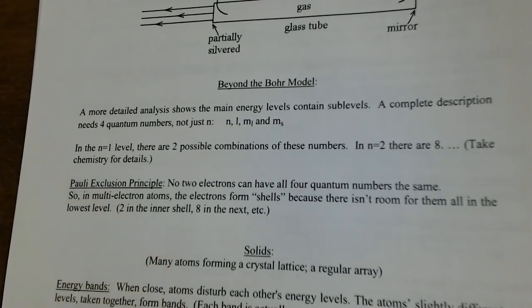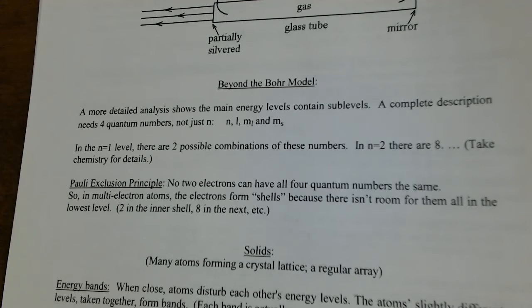No 2 electrons in an atom can have all 4 quantum numbers the same. At least one of the 4 numbers has to be different for any 2 electrons you look at. So, since there are only 2 combinations of quantum numbers that include n equals 1, that means if you have a multi-electron atom, there can only be 2 electrons in the n equals 1 energy level.